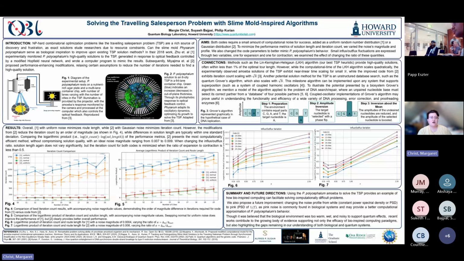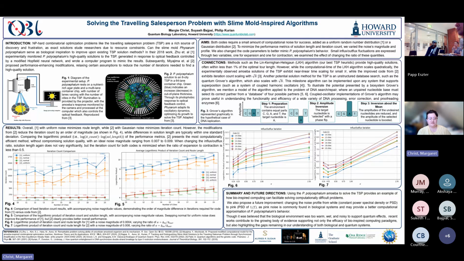So after observing this experimental behavior, the first team, Zhu et al., wrote a computer program to mimic Fusarium's behavior. And then subsequently, a second team of Miyajima et al. provided modifications to improve this computer algorithm's performance, namely by reducing the number of iterations required to reach a solution.